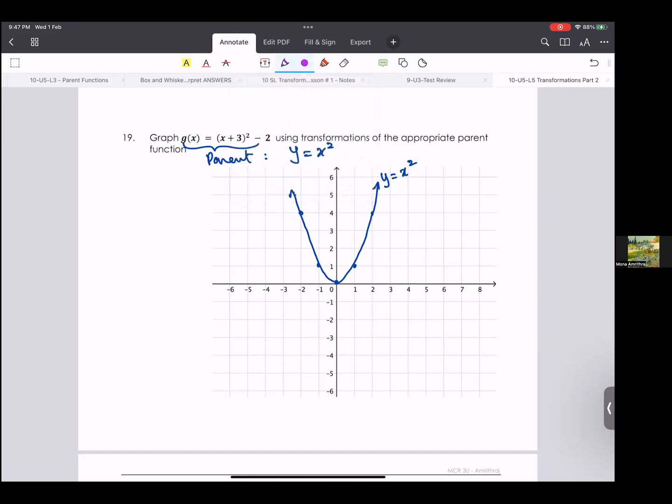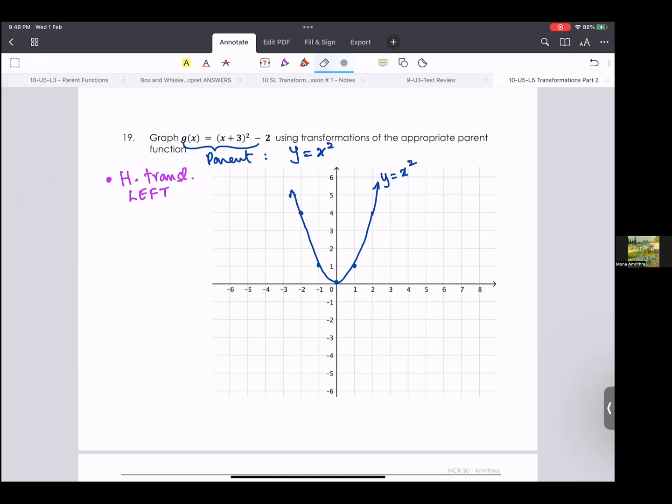There is a horizontal translation to the left or to the right. It's x minus negative 3 squared minus 2. So the c value is negative, so it's going to move left. Horizontal translation left. How many units? It moves horizontal translation left 3 units.